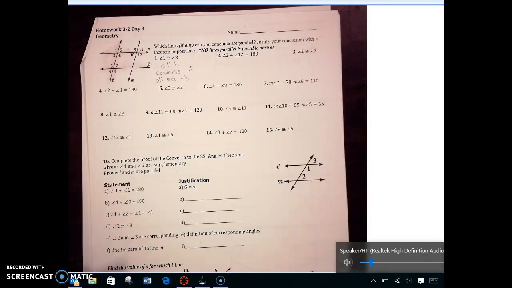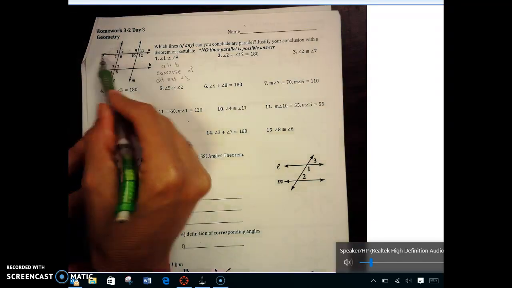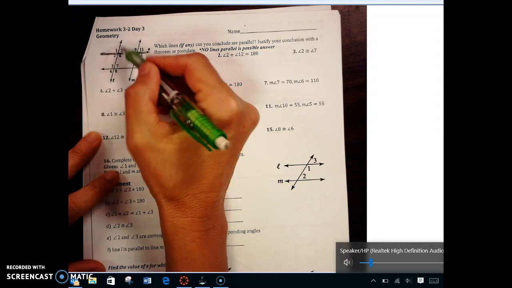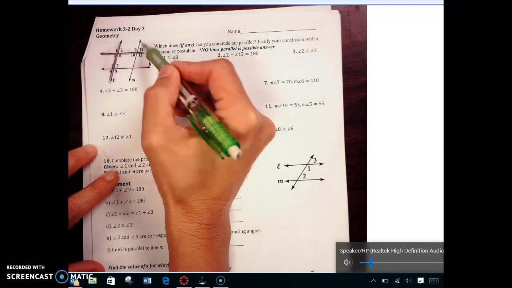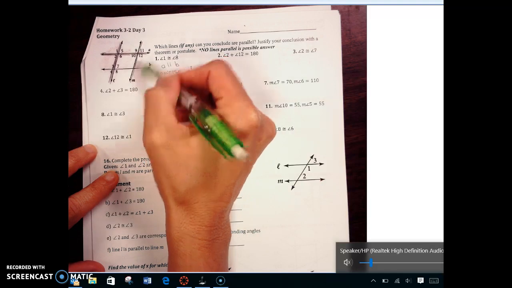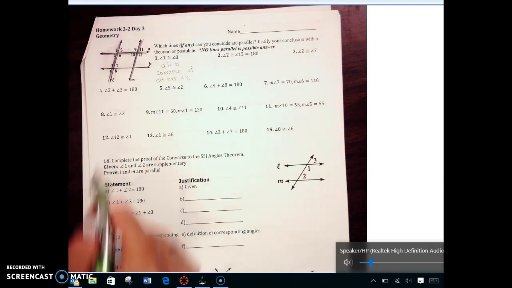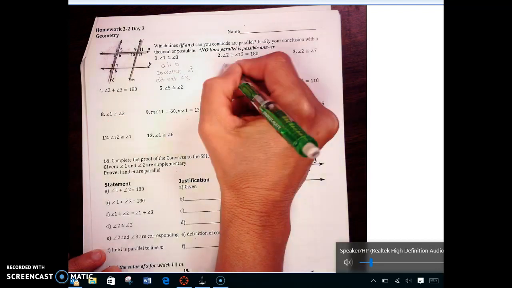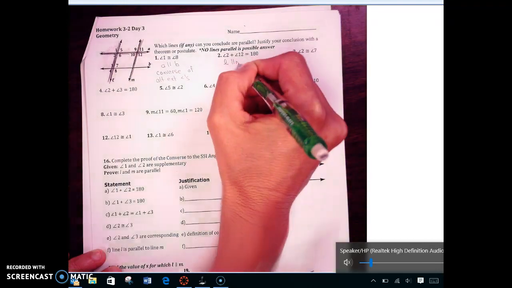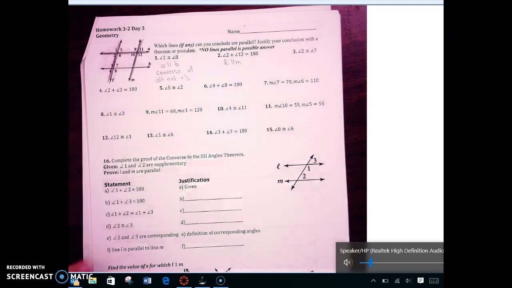Okay, if you look at the next one, it says 2 and 12. Angle 2 is formed by this line and this line. 12 is formed by this line and this line. So again, first of all, the lines that are popping out to be parallel are L and M. And again, 2 and 12 are on the outside.